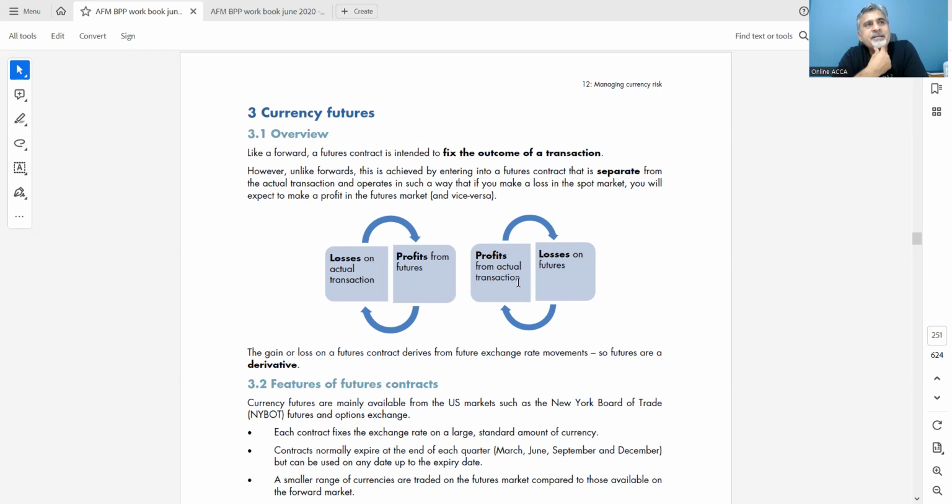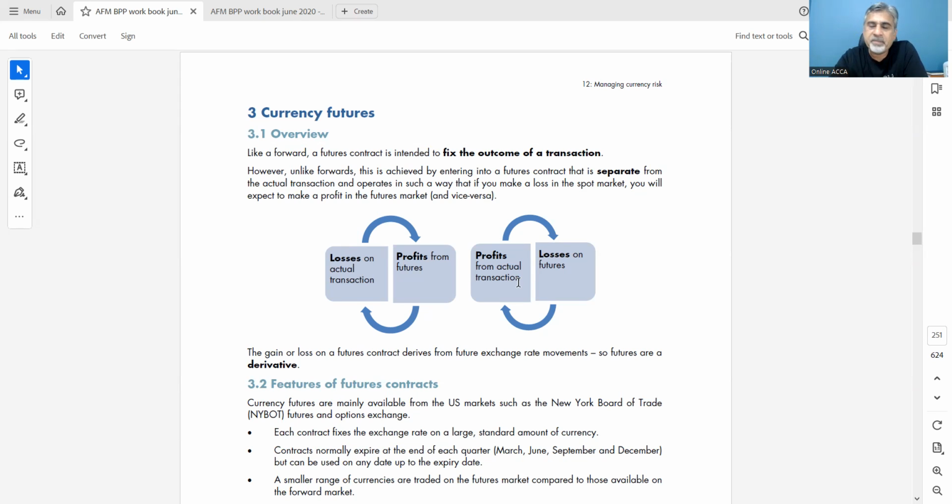I am thinking that in the next 3 months, if my home currency becomes weaker and the dollar becomes stronger, and I will have to pay dollars after 3 months, I will make a loss, because the dollar will appreciate or my currency will depreciate. I want to protect myself against that risk.